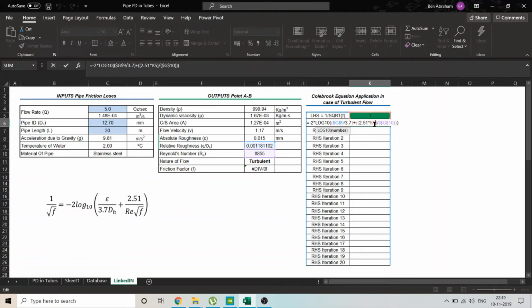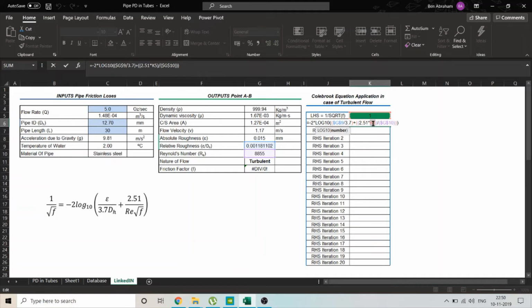When I double click on the cell, you'll notice minus 2 log to the base 10 of G9. G9 is the relative roughness, e by D_H, so I've considered both together, divided by 3.7, plus 2.51 divided by the Reynolds number multiplied by 1 by square root of f, and here the 1 by square root of f is referencing the upper cell, and that's 1.